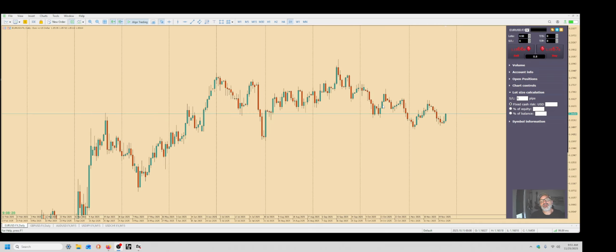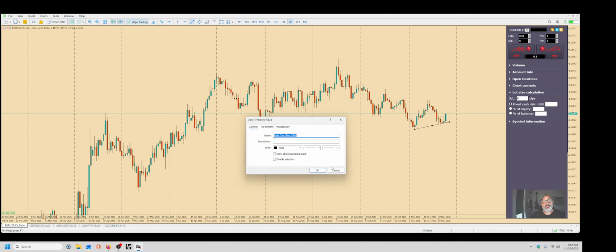Come back up. This is a legitimate bounce up, and we have a legitimate pullback. Okay, we're making a higher low here, from this low to this low. I don't use lines.